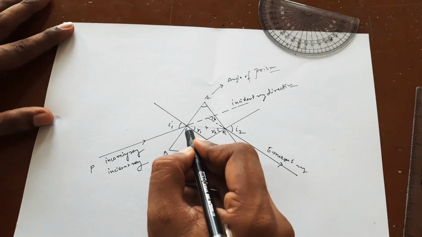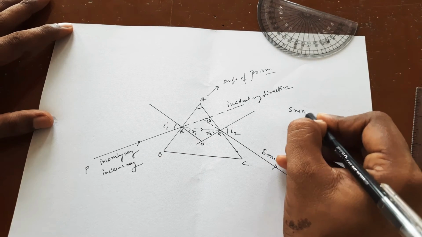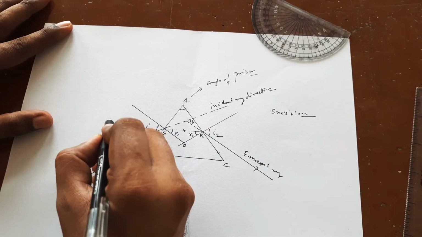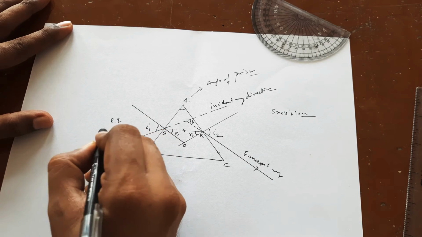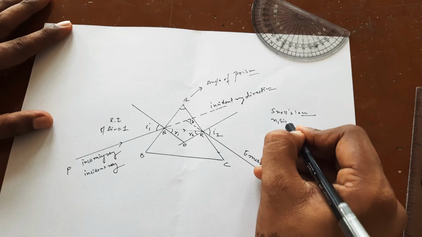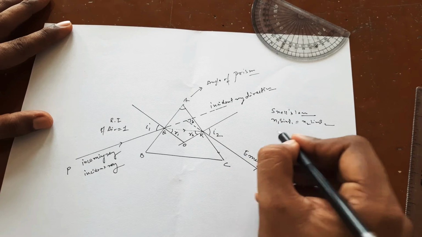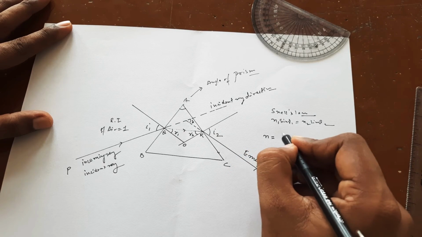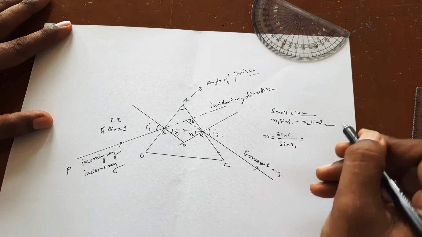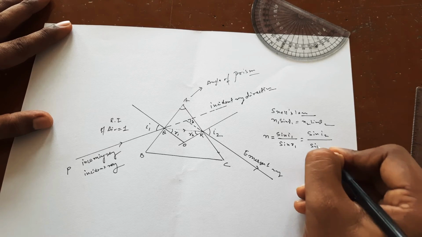So using Snell's law at this point, what does Snell's law say? Let us suppose the refractive index of air is 1. Snell's law says n1 sine theta 1 is equal to n2 sine theta 2. So if I use this formula, I will get the expression: sine I1 divided by sine R1 is equal to sine I2 divided by sine R2.